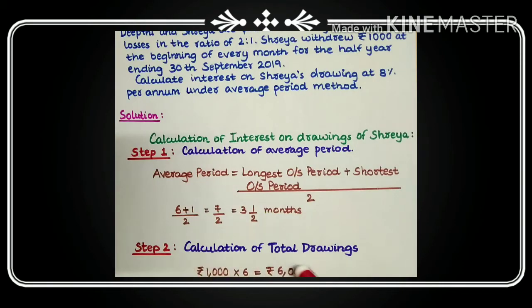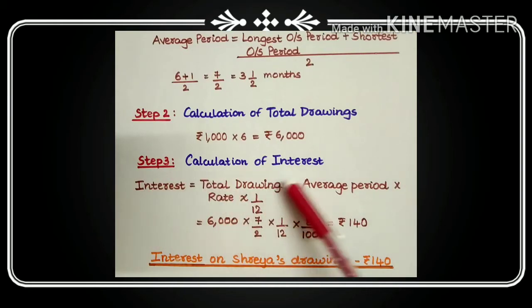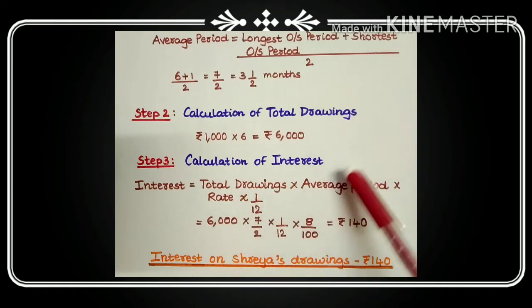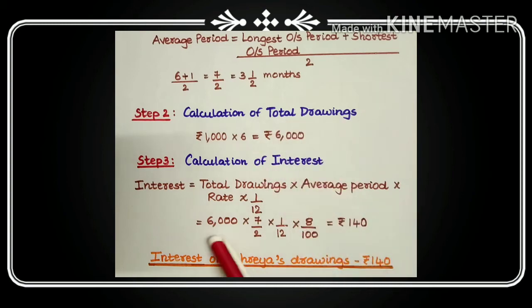Step 2 is calculation of total drawings. How much was the drawing? 1000 rupees. For how many months? 6 months. So 1000 into 6 is 6000, the total drawings. Next, step 3, calculation of interest. What is the formula? Total drawings into average period into rate into 1 by 12. Now, total drawings is 6000.